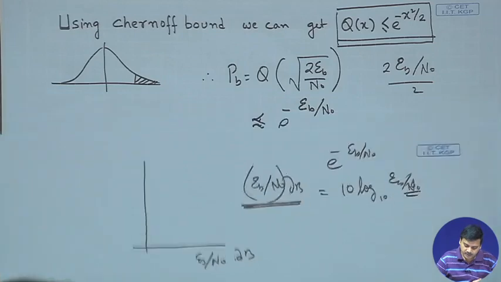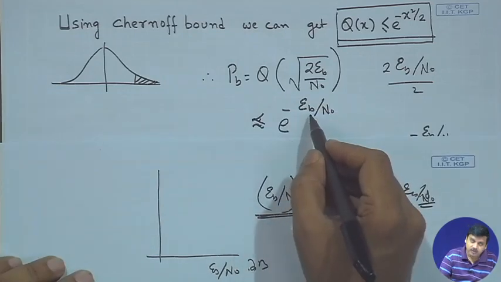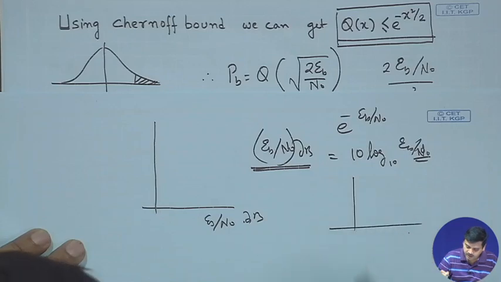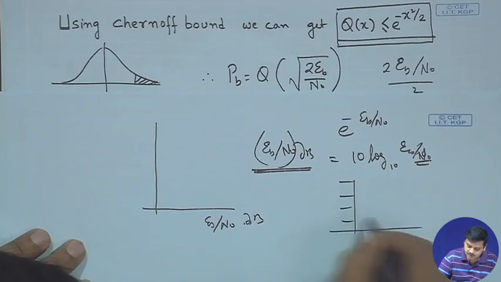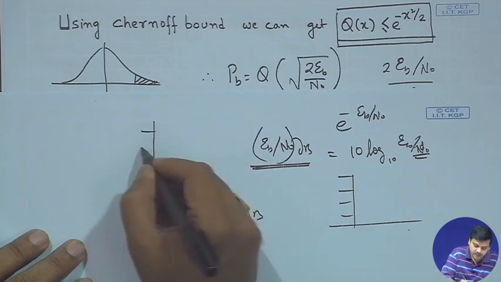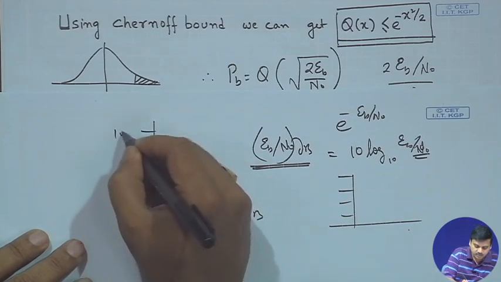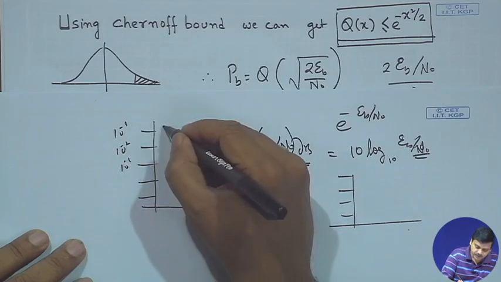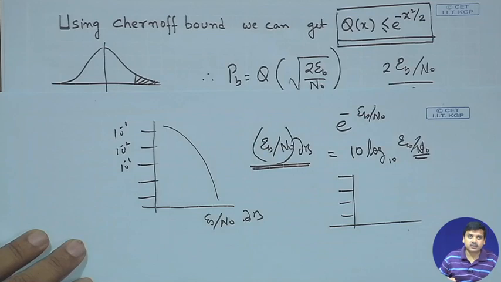What we can clearly see over here is that it falls exponentially. If we have a dB scale over here and this axis is in terms of log, that means 10 to the power of minus 1, minus 2, minus 3 and so on, you are going to get a curve which looks like this. We will see more of this very soon.